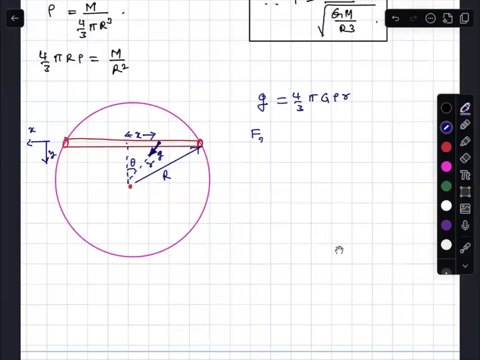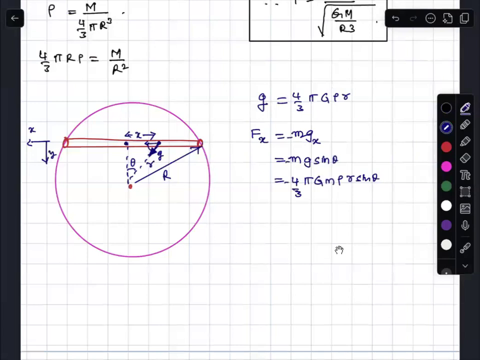The component that drives along x is mg_x, which means mg, and if this is theta, this will be 90 minus theta. So mg sin theta, so 4 by 3 pi G m rho r sin theta. And remember, this is attractive, directed towards the center. Why have I given the minus sign? Because it is directed towards the center.